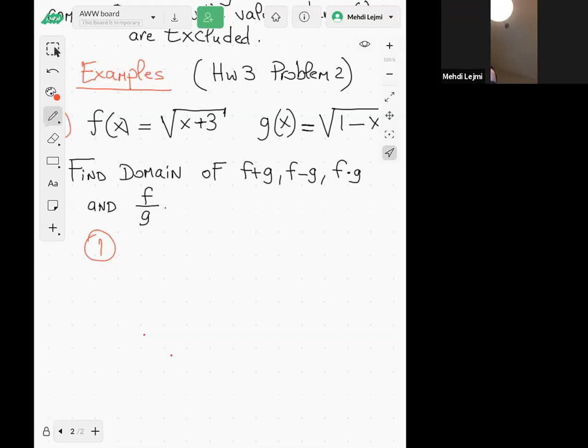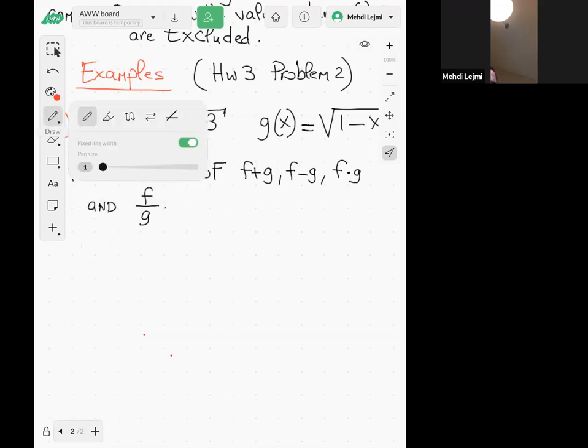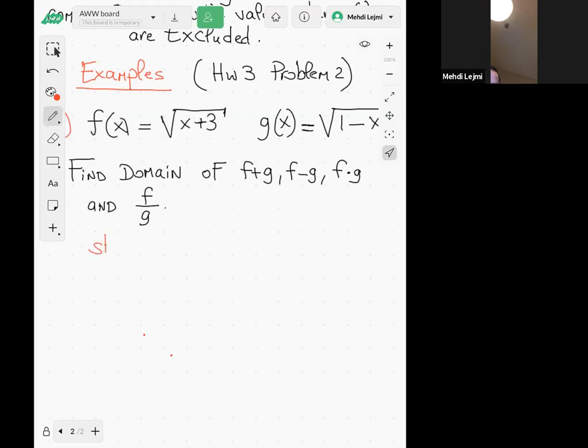So step 1, we have to find the domain of f first. We know how to find the domain of functions. In step number 2, you need to find the domain of g.